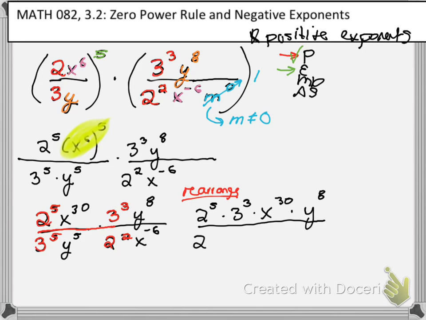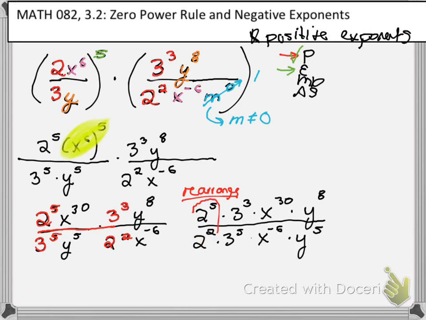Downstairs, I'm going to put them so that they're right above and below each other, the same bases. We have 2 squared times 3 to the 5th times x to the negative 6th times y to the 5th. Hopefully, visually, you can see the advantage of doing this.